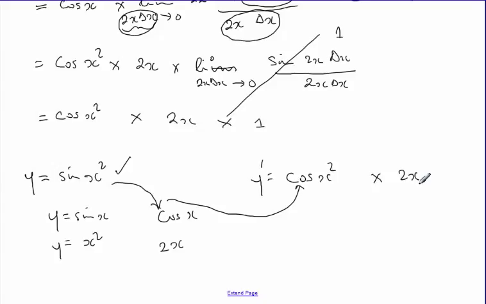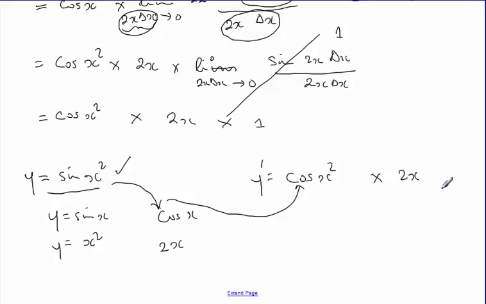Is that clear, guys? We're given this function, we're differentiating it. What comes up? Cos, the immediate derivative of that function with the same argument, but that immediate derivative multiplied by what? The derivative of the argument.